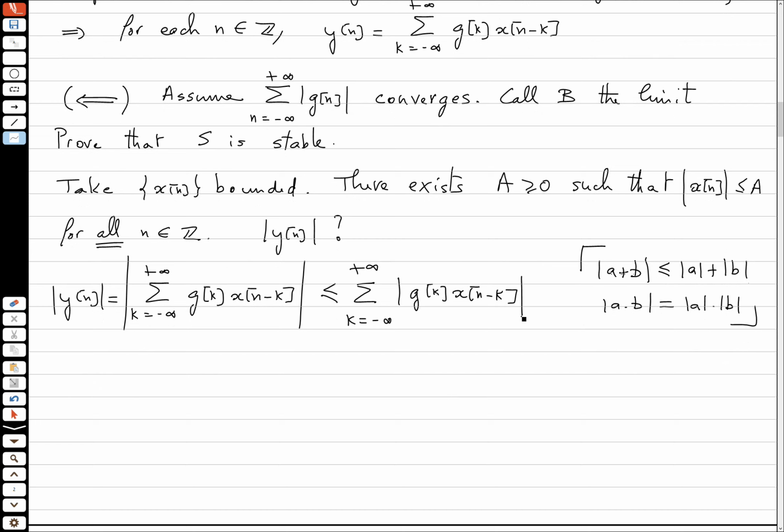You agree with this? Meanwhile, this is also equal to the sum of the product of the absolute values.